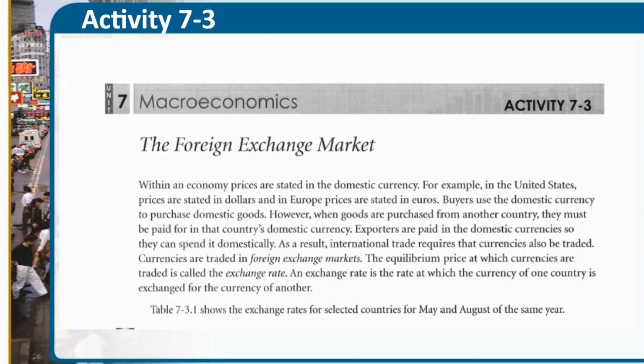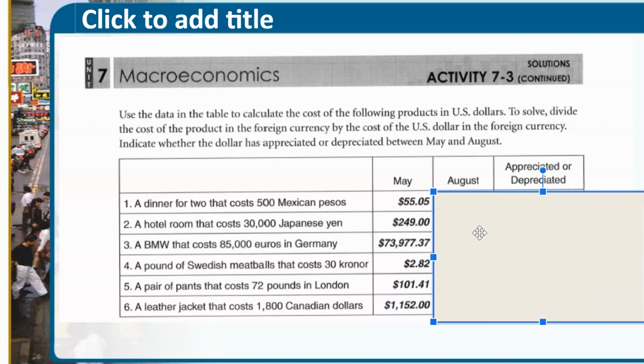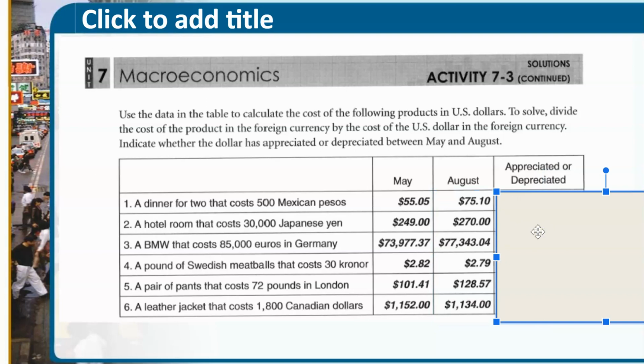A really great activity here on the foreign exchange market, if you would check it out, is in the modules section of my MCPS Classroom. It's activity 7-3. Some really good ones here in terms of what's appreciating or depreciating, and looking at this from that perspective. I think you'll find this helpful if you were to look at that particular model in terms of what you see in May and what you see in August, and whether or not these are appreciating or depreciating in this relationship.